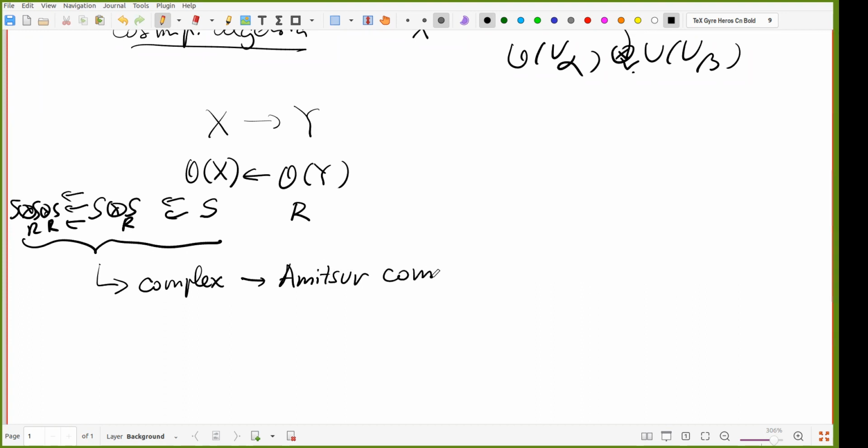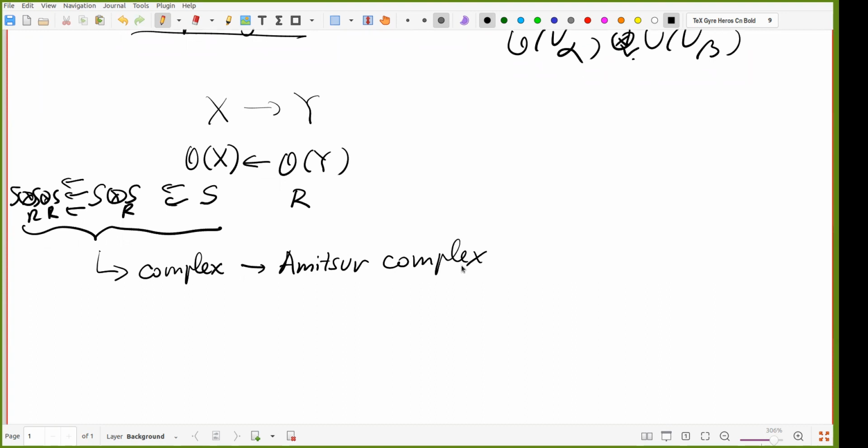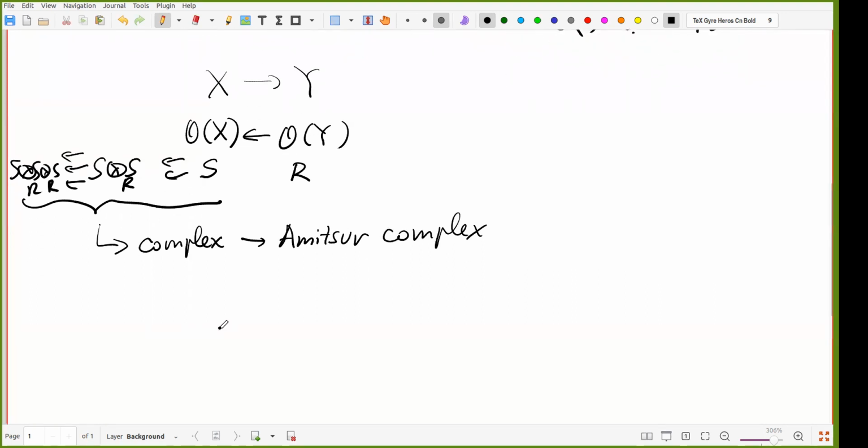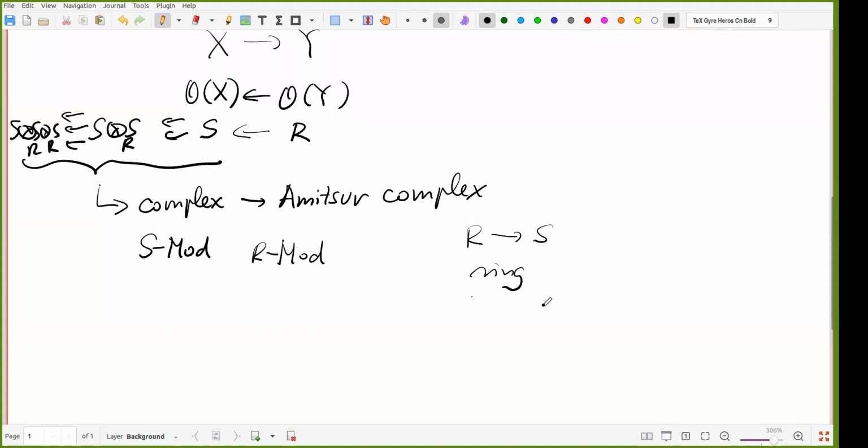On the other hand, you can consider also modules over R, and you can consider modules over S. And then if you have a map from R to S, say a morphism of rings, I will have actually three functors between S modules and R modules.